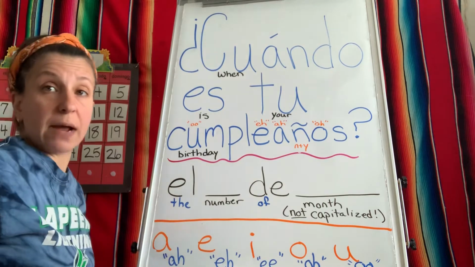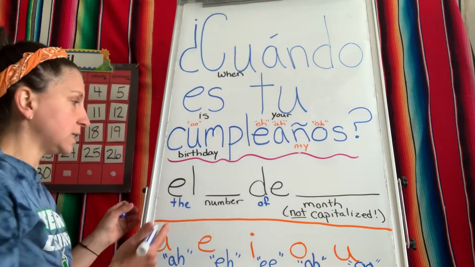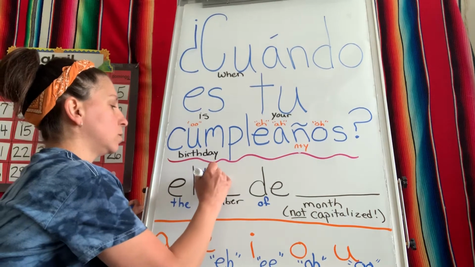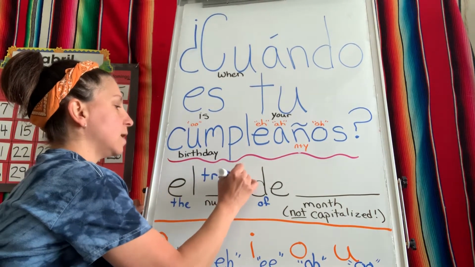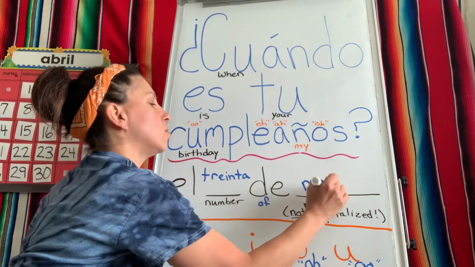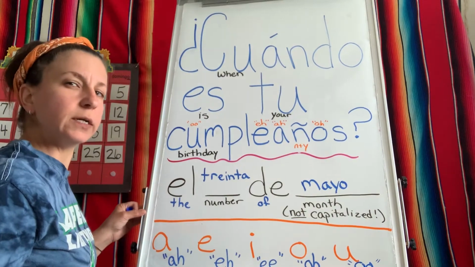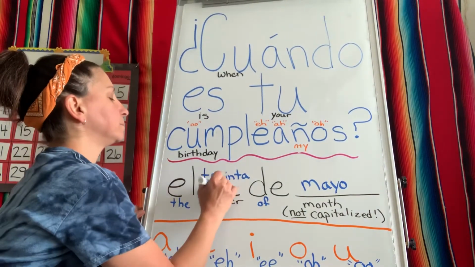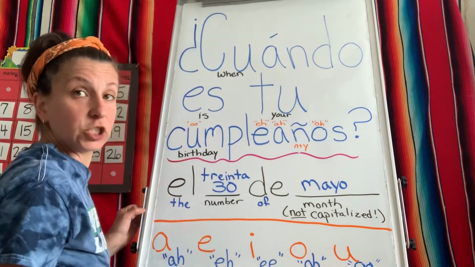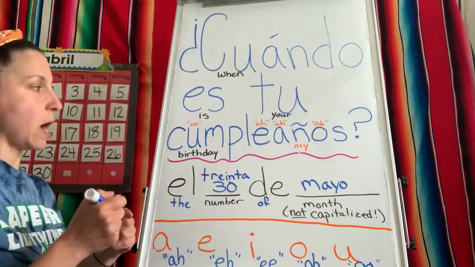If I'm using my birthday as an example, mi cumpleaños es el 30 de mayo. Think about what 30 is. Did you get it right? Mi cumpleaños es el 30 de mayo.